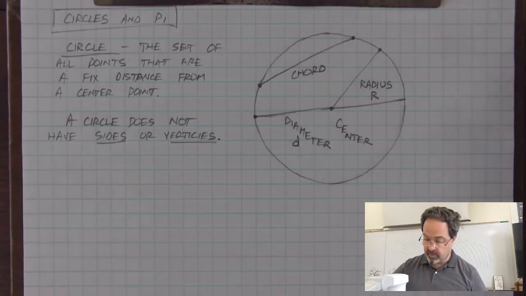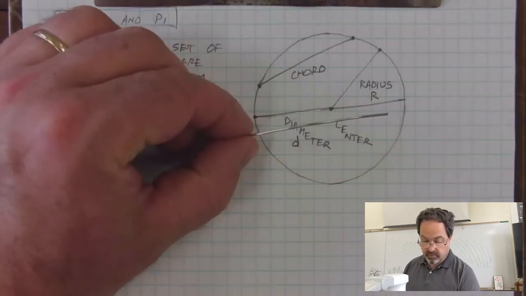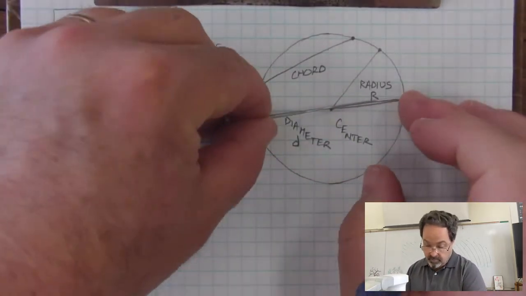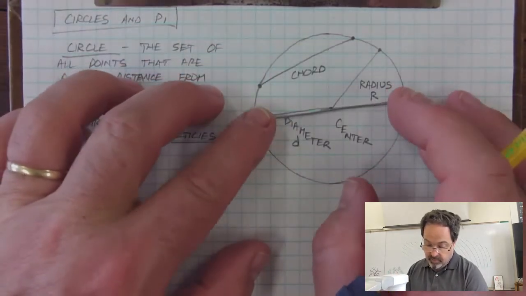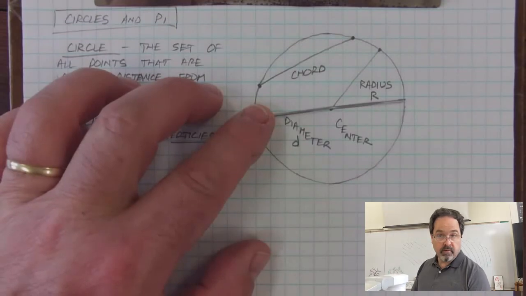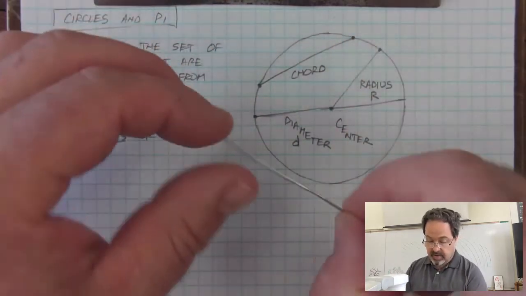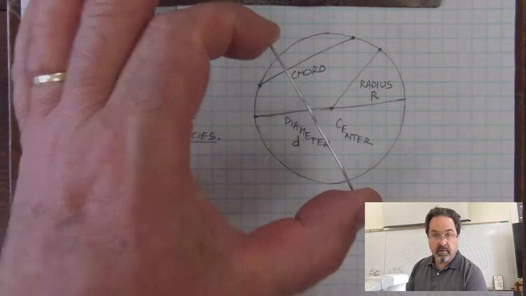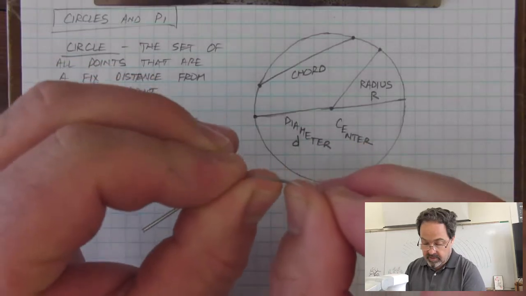I have a paper clip that I've straightened out, and I'm going to use this paper clip, which is the length of the diameter of this circle, to give a demonstration. I can take this length and bend it. I won't be able to bend it exactly.